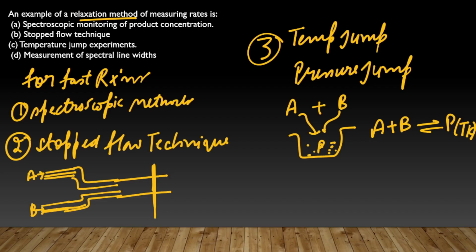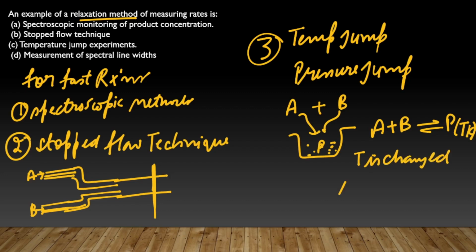Due to that, the equilibrium that was established will be disturbed, right? So the reaction will start again and go until a new equilibrium is established. So temperature is changed suddenly.